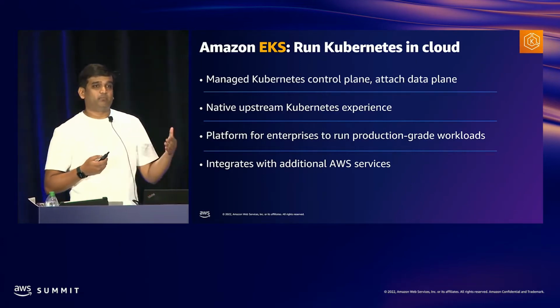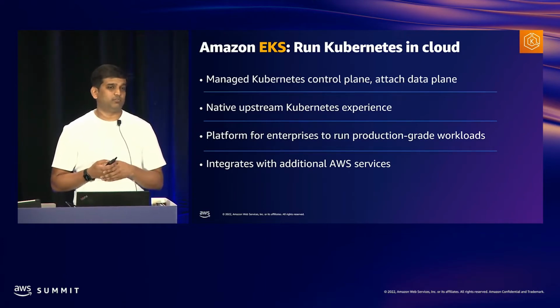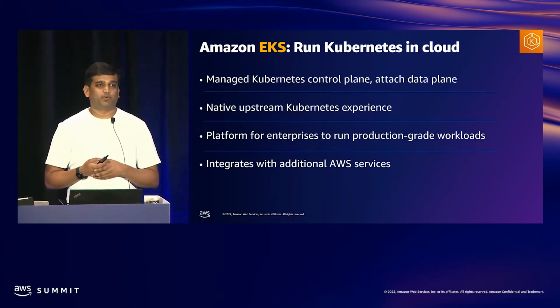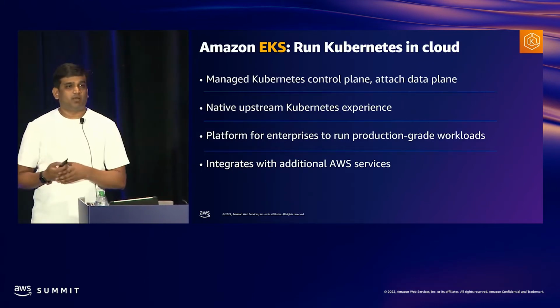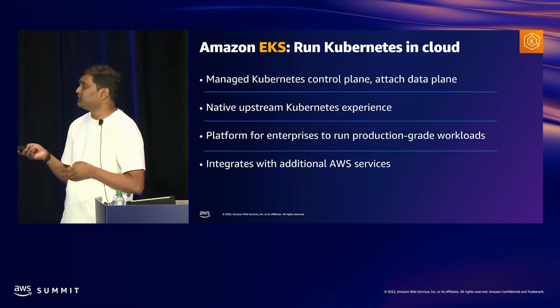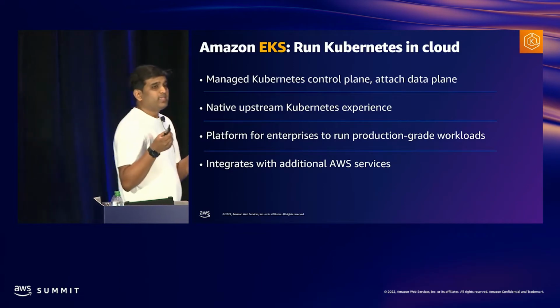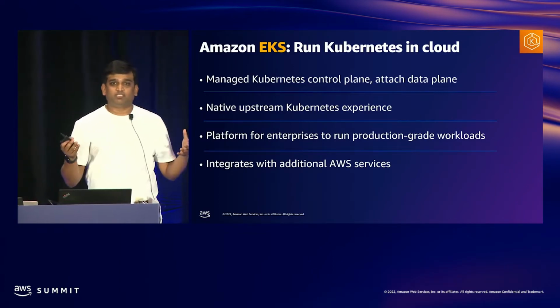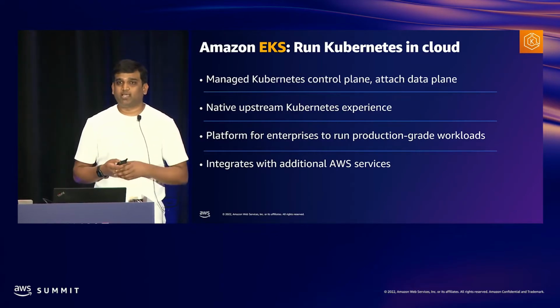We are compatible with upstream Kubernetes, so you can always upgrade to the version of your choice for your workflow. So everything on the Kubernetes side will be managed by EKS. And the last point is the most important point. You get the goodness of AWS, where EKS gets integrated with a lot of other services within AWS, and EFS is one of them, and we are going to see that in action in the demo.